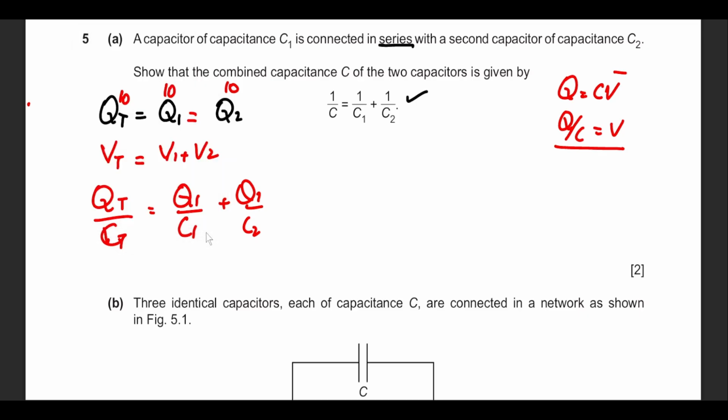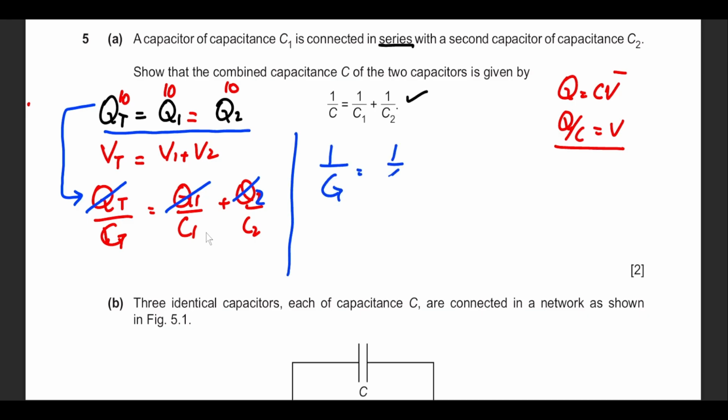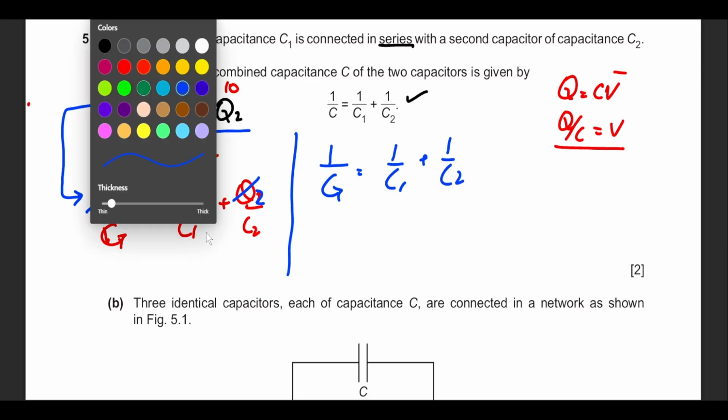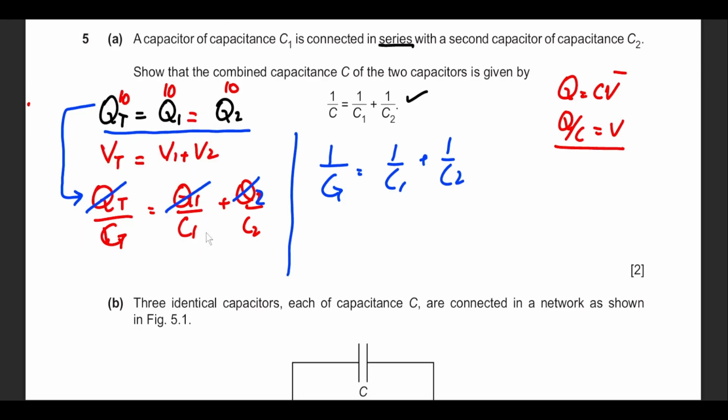Since all the charges are equal, QT, Q1 and Q2 get cancelled out, and we are left with 1 over total capacitance equals 1 over C1 plus 1 over C2. That's how capacitors in series get solved, and that's the logic behind them.